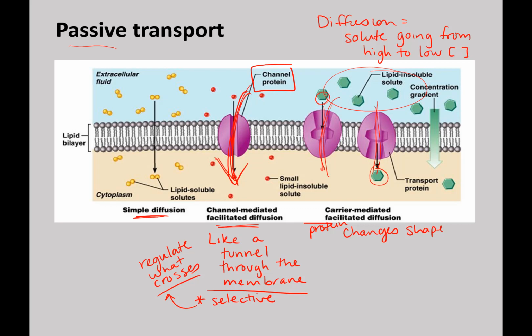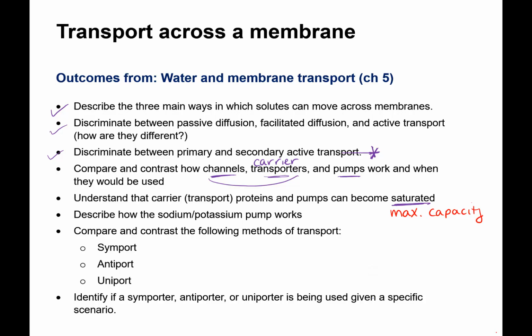That affects the rate of the movement of the molecule across the membrane. So, carriers, transport proteins, and pumps can become saturated. They can reach maximum capacity, and even though there's more solute out there, they just can't continue to pump it in any faster. Versus a channel protein that, because of its structure, can just continuously allow flow through it.